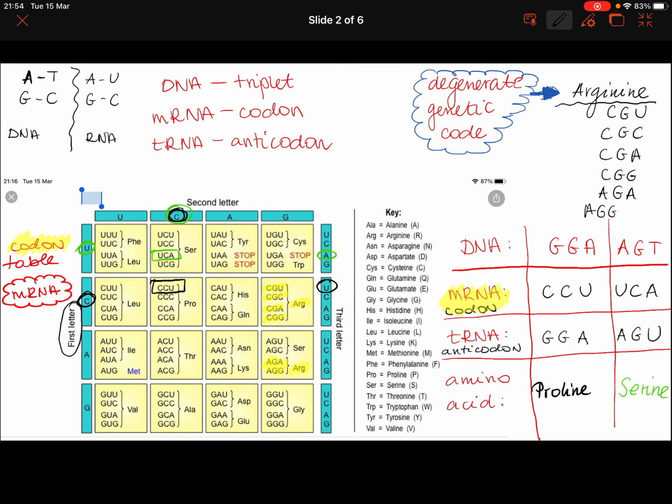So hopefully you remember the process of protein synthesis differs in eukaryotic and prokaryotic cells. In the eukaryotic cell, we will have three main parts of the protein synthesis. We will start with transcription.